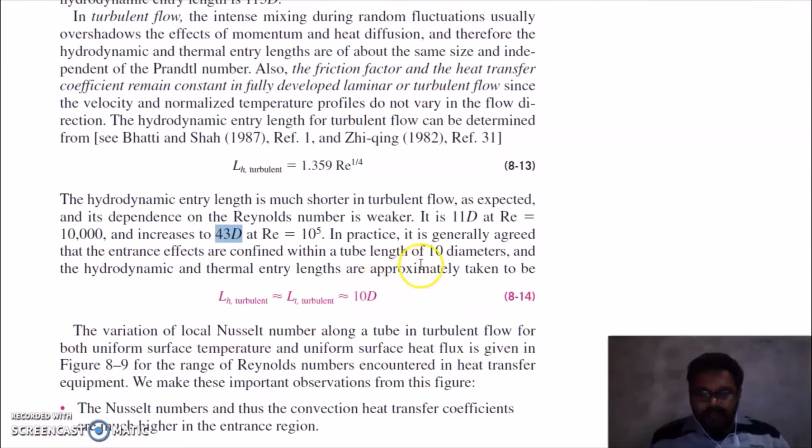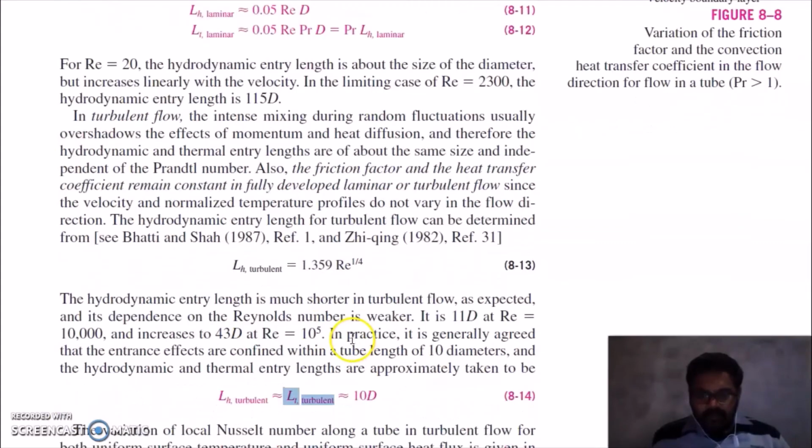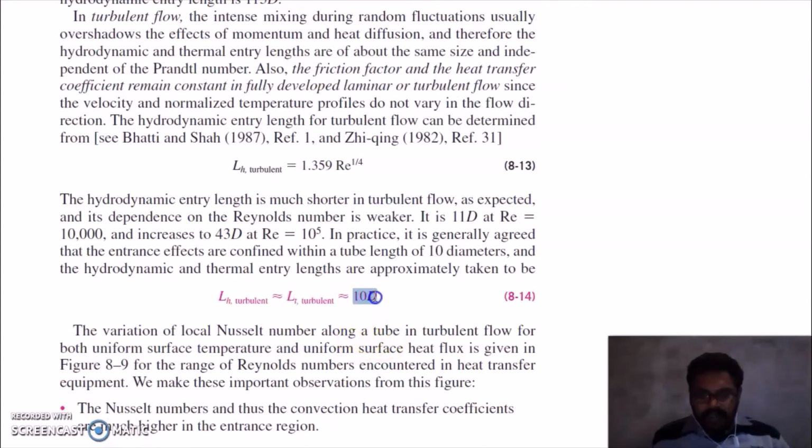So in practice, it is generally agreed that the entrance effects are confined within a tube length of 10 diameters. So we will consider this value for the hydrodynamic length, and for the thermal boundary layer we will consider this equal to 10D, 10 times the diameter of the pipe.